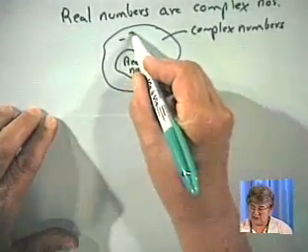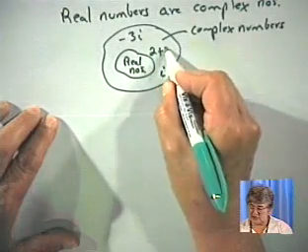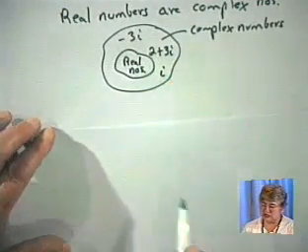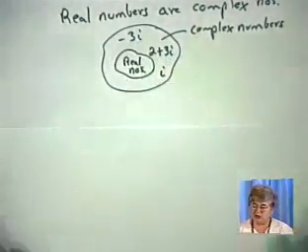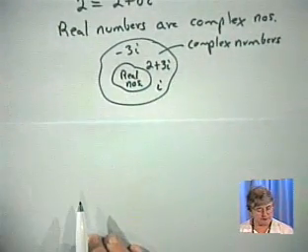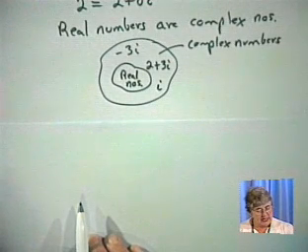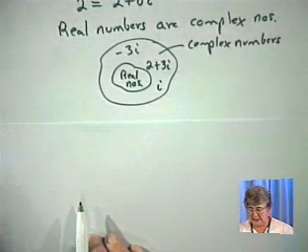The number negative 3i is going to be somewhere over here. The number 2 plus 3i, a bunch of numbers which are not real numbers, but the real numbers are part of that set. Okay? All right, now let's go back and look at this.